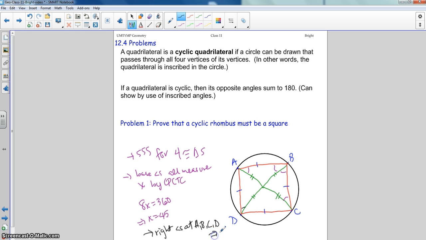So that implies ABCD is a square. Even though it looked like a square from the beginning, I didn't want to make that assumption and I needed to show it.